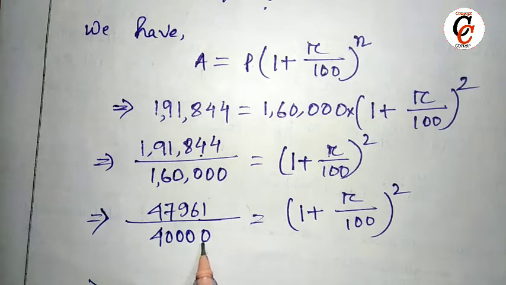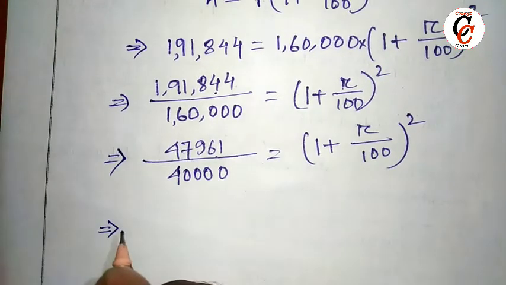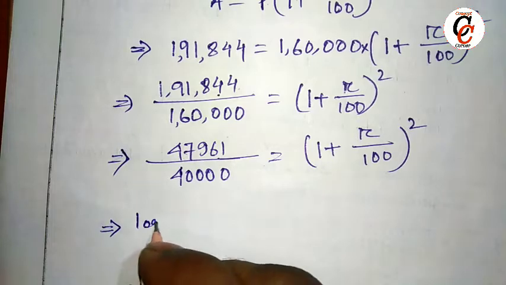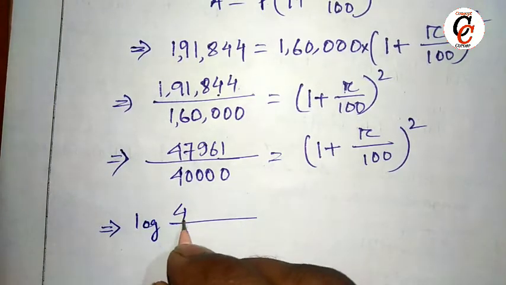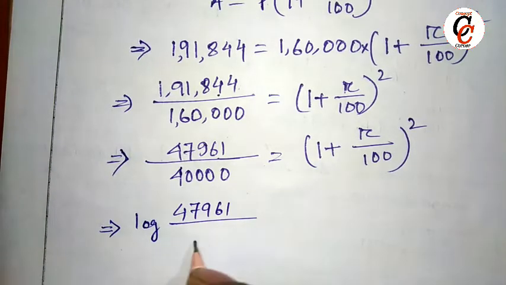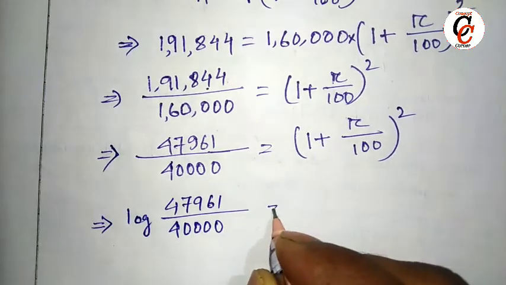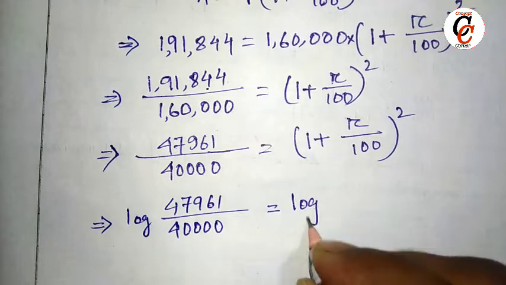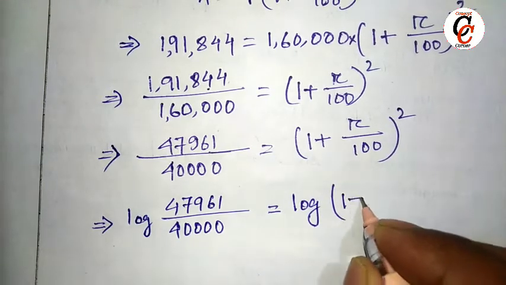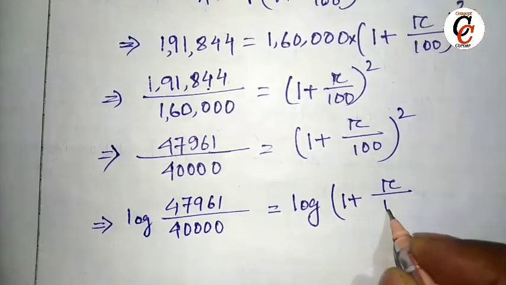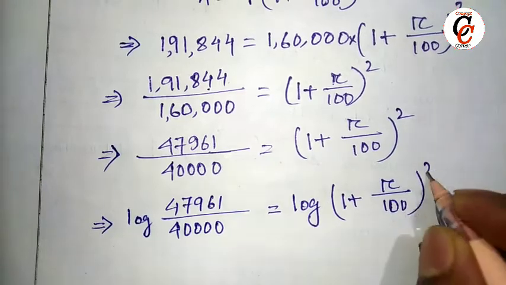47961 by 40,000. So now we have to take log both sides. Log of 47961 by 40,000 equals log of (1 plus r by 100) square.